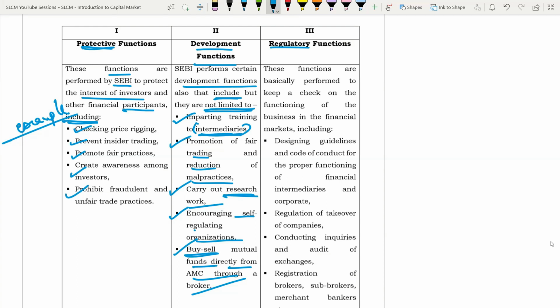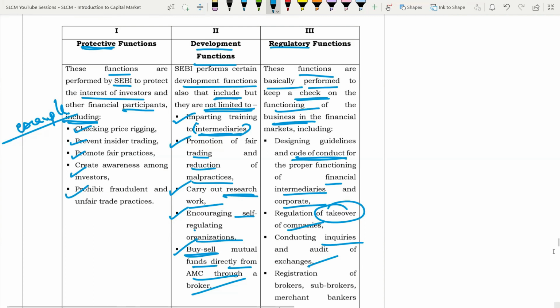Talking about the regulatory functions, these functions are basically performed to keep a check on the functioning of businesses in the market. For that, we have a proper code of conduct for what the financial intermediaries and the corporate houses should do. In case there is a takeover, there are regulations. In case anything goes wrong, we have the power to conduct inquiries and audits of the stock exchanges.